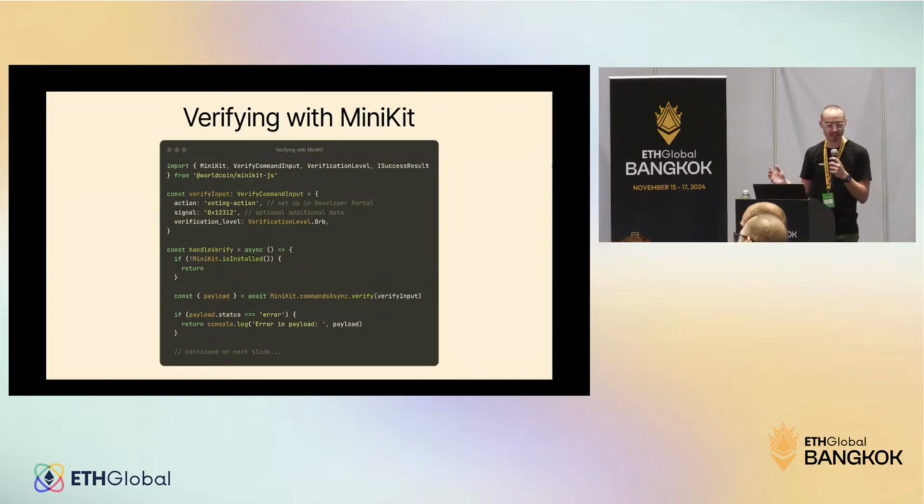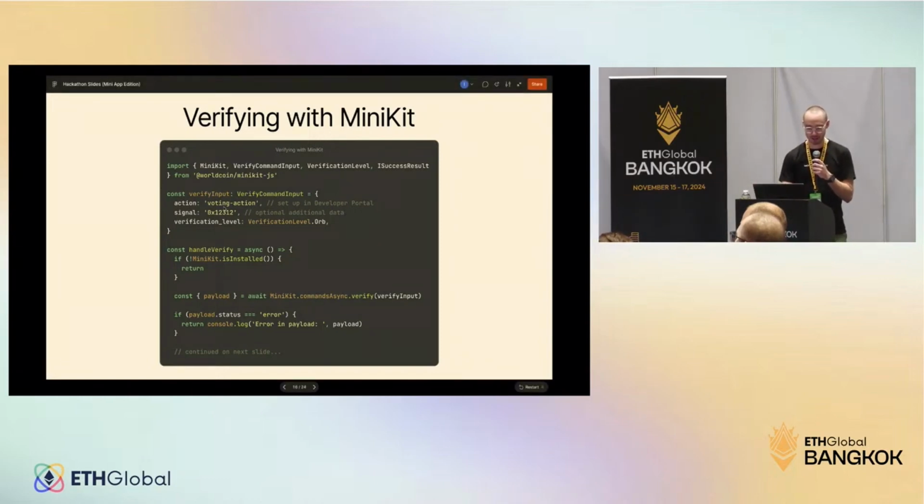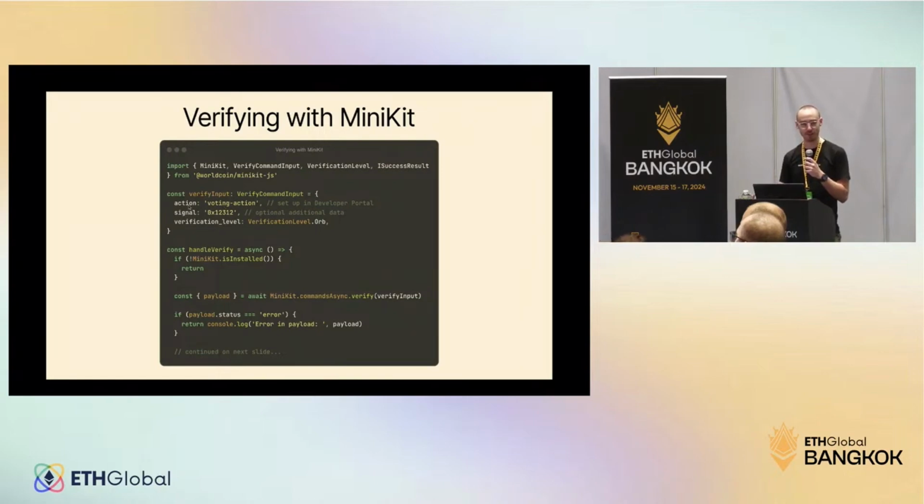So to start, let's see what it looks like to actually verify with World ID in a mini app. When you first configure MiniKit and set up that provider, it will already have your app ID as you've set up in our developer portal. So for this verify input, we need the action the user is going to verify for in that app, the signal if you choose to use one, right?